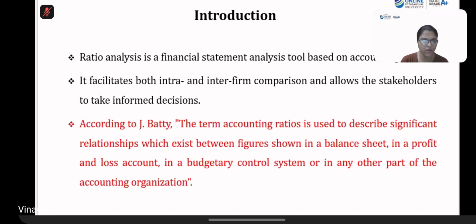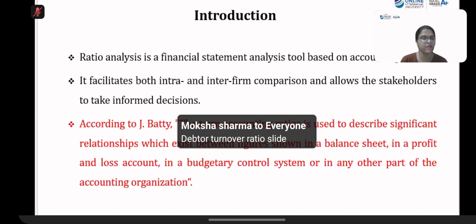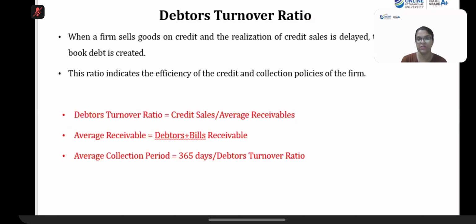Yes, you want the formula of debtors' turnover. Okay, wait, I'll just go to that. Just hold on. Yes, this is your debtors' turnover slide. Quickly take it.